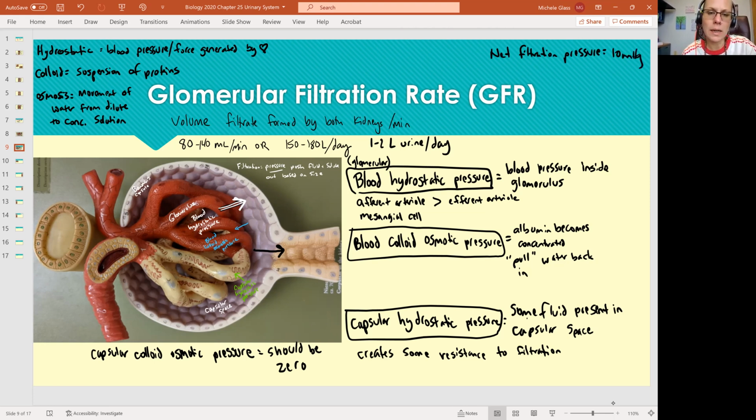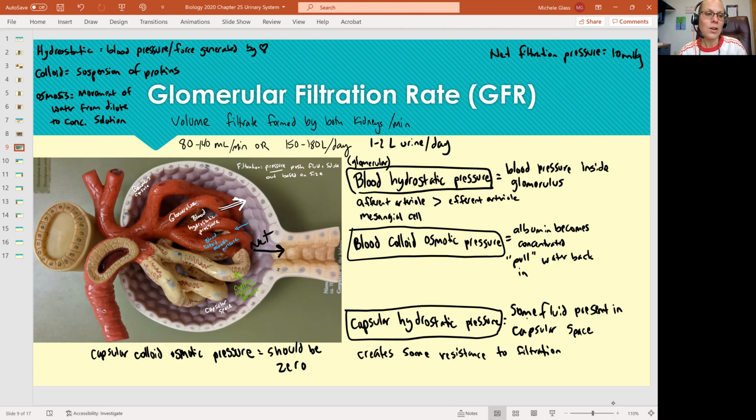And so it's combining. So you have this really high number for the blood hydrostatic pressure, but then you subtract the blood colloid osmotic pressure and you subtract the capsular hydrostatic pressure. And so the net filtration pressure is just around 10. So it's not super high like it would be if you didn't have these other forces that were counteracting.